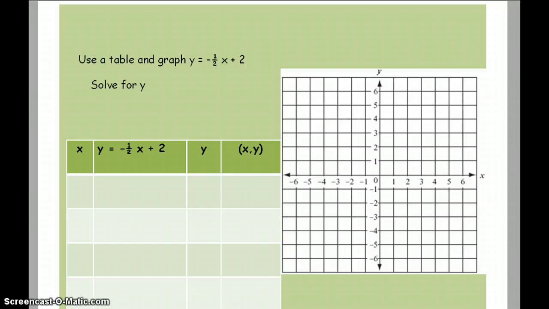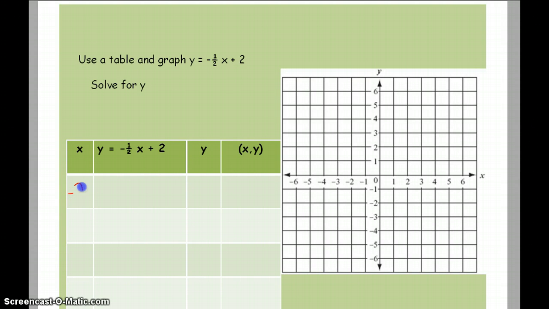Okay, now let's take a look at another example. I've got y equals negative 1/2 x plus 2. Okay, good, it's already solved for y, so I don't have to do that. Now I just have to choose my values for x. I see I've got another fraction, so I'm going to choose multiples of 2 and probably a 0 for my x values.